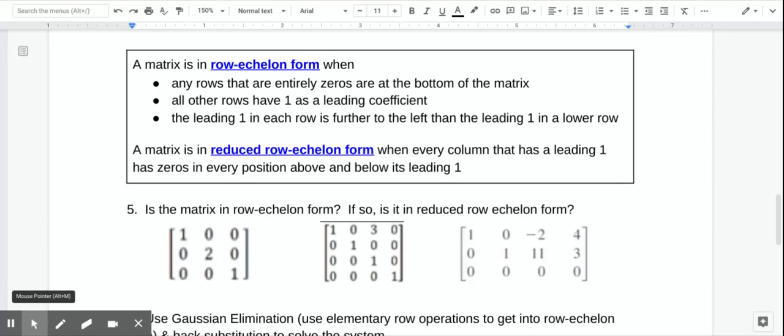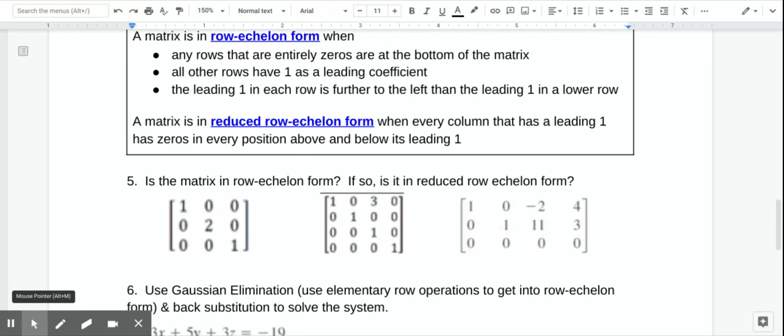Then one step further than that is called reduced row echelon form. That is when every column that has a leading 1 has zeros in every position above and below its leading coefficient. So for the next three matrices, we want to decide if they are in row echelon form and if they are in reduced row echelon form.